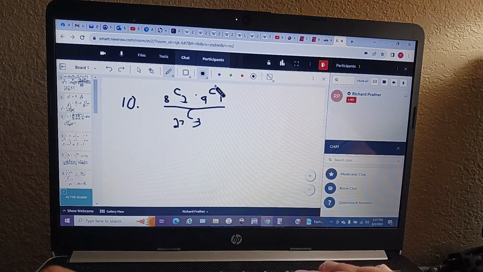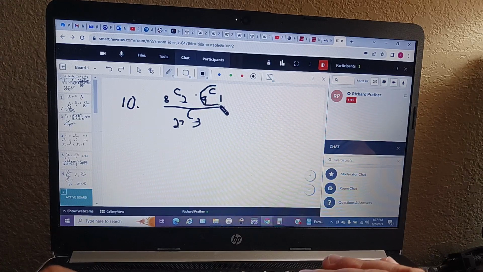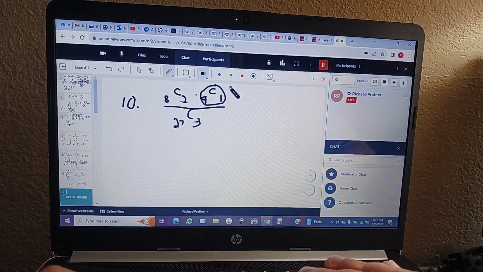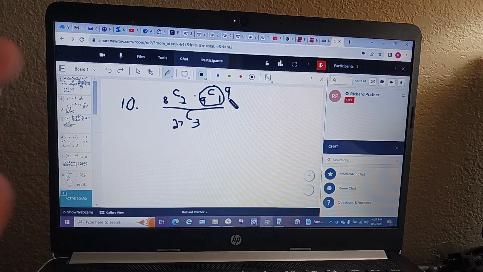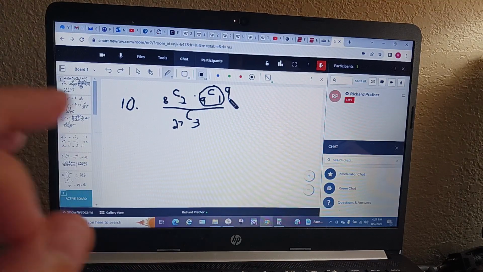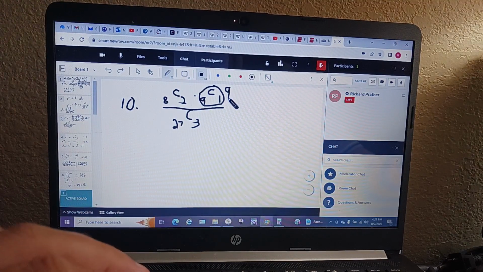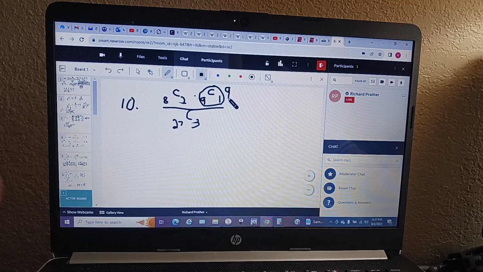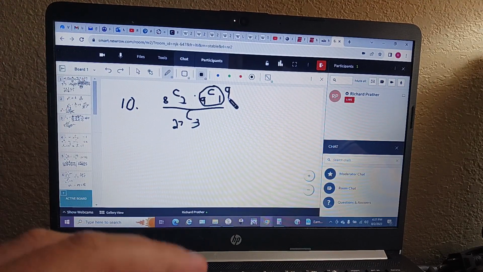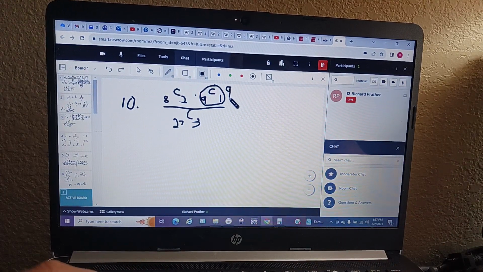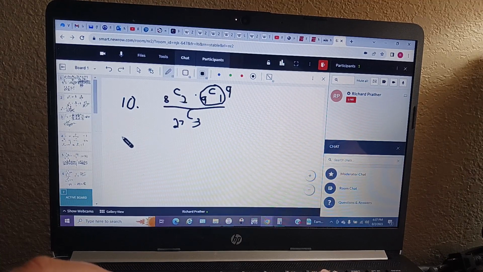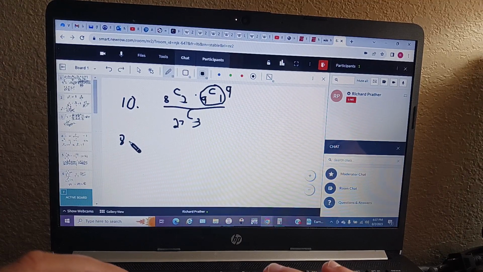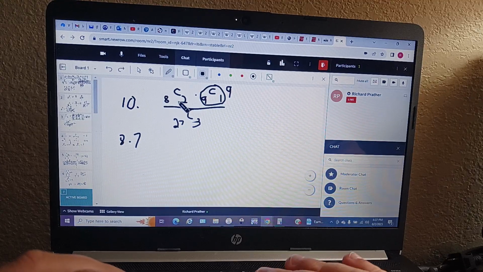Anything combination 1, the answer is whatever the front number is. So this is just 9, literally. It's actually 9 factorial divided by 9 minus 1 factorial and an extra 1 factorial, but the 9 minus 1 factorial is 8 factorial, and that cancels all but the 9 in the top. And then the 1 factorial equals 1, so it doesn't matter. So that's just 9. 8 combination 2, you would do 8 and 7, stop after 2 numbers.